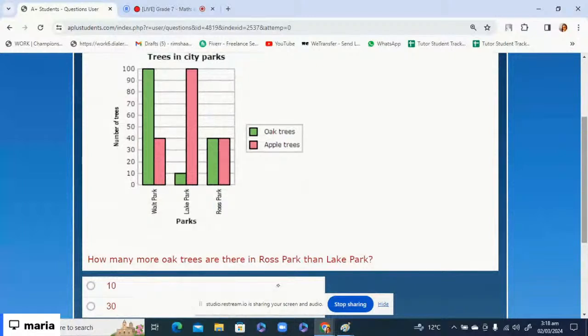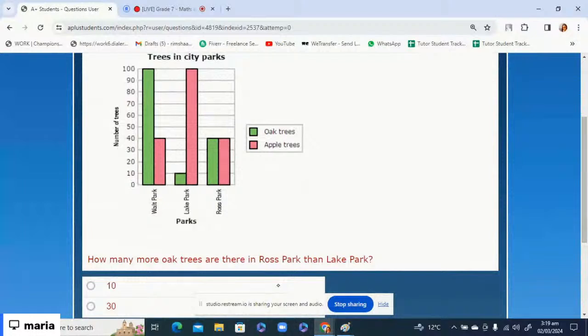How many more oak trees are in Rose Park than Lake Park? First of all, we check Rose Park and Lake Park. And we are checking the oak trees. It means we are going to check the green color in both of them. So first, in Lake Park, the green color is 10. Look at here, the green color is at 10.